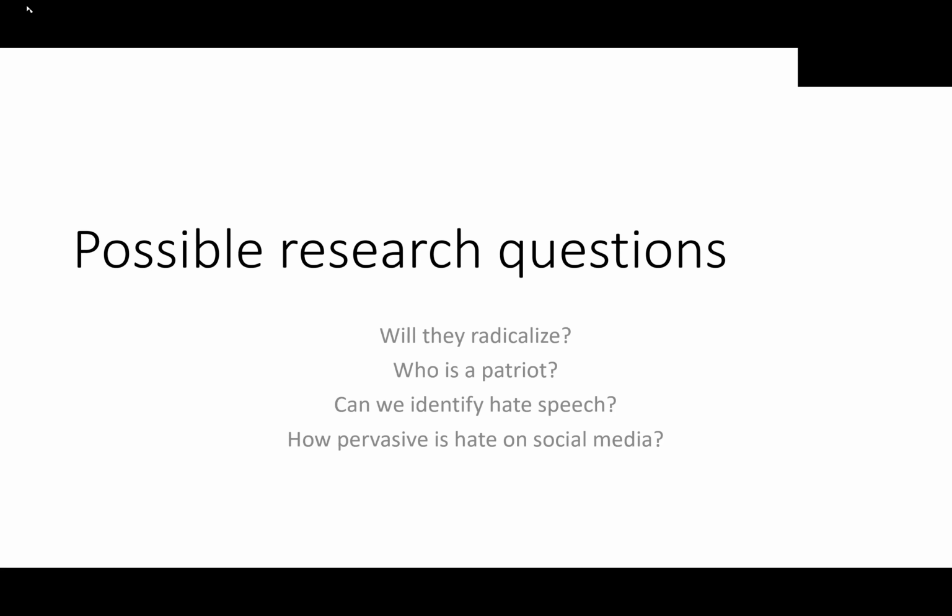Another research question we might be able to ask and answer through the analysis of social media is, how pervasive is hate on websites like Reddit? In fact, we did a baseline study of hate on Reddit, and that's actually what developed this class. About a year or two ago, I was looking at Reddit data, and I found, by analyzing one particular subreddit called incels, right?